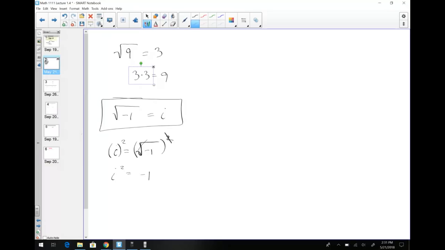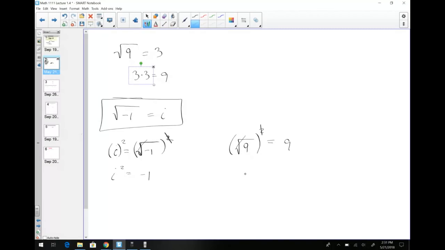If you're questioning why those cancel each other out, it's because if we had the square root of 9 squared, notice that the square always cancels with the root.